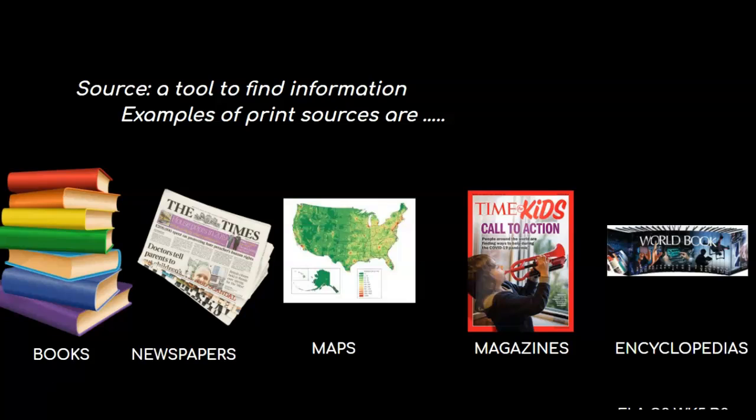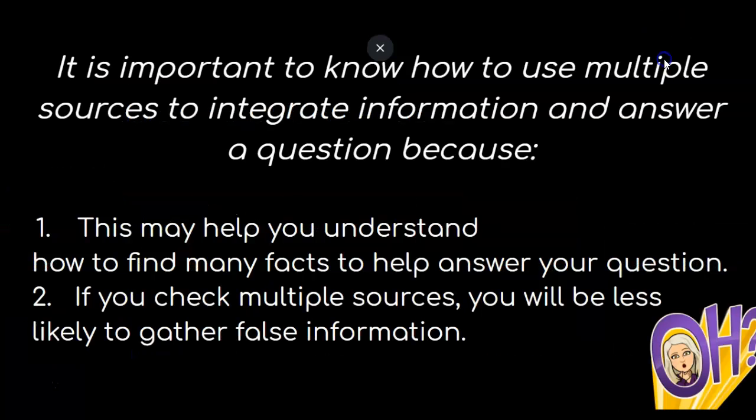A source, when we talk about multiple sources, is not all one type of thing. It could be books, it could be newspapers, maps, magazines, encyclopedias. These all have knowledge that we can gather and gain. If you have different forms of sources, that will be helpful in bringing different types of information together and understanding the whole picture.